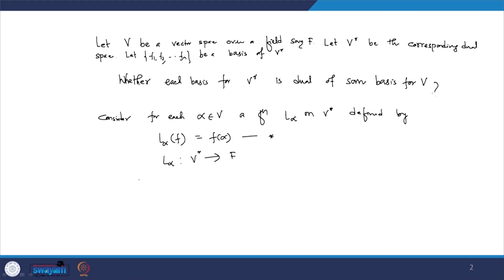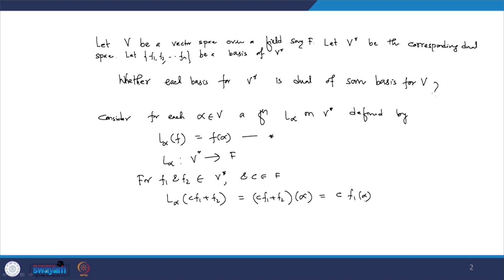I mean for f1 and f2 belongs to V star and c belongs to field capital F, L alpha of c f1 plus f2 equal to c f1 plus f2 operating on alpha, which is equal to c times f1 of alpha plus f2 of alpha.